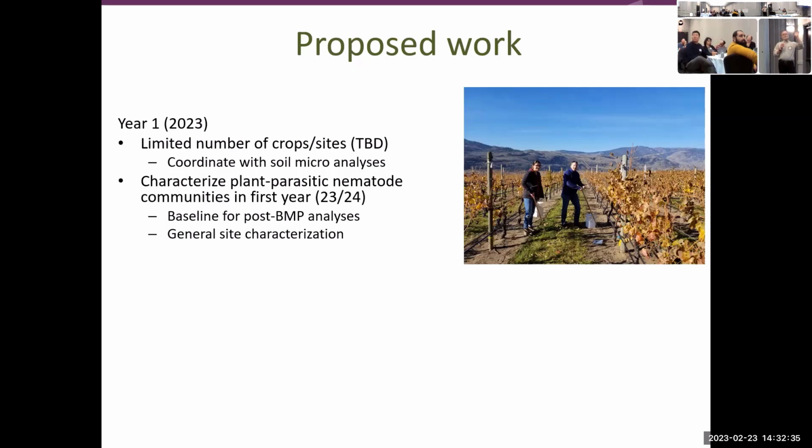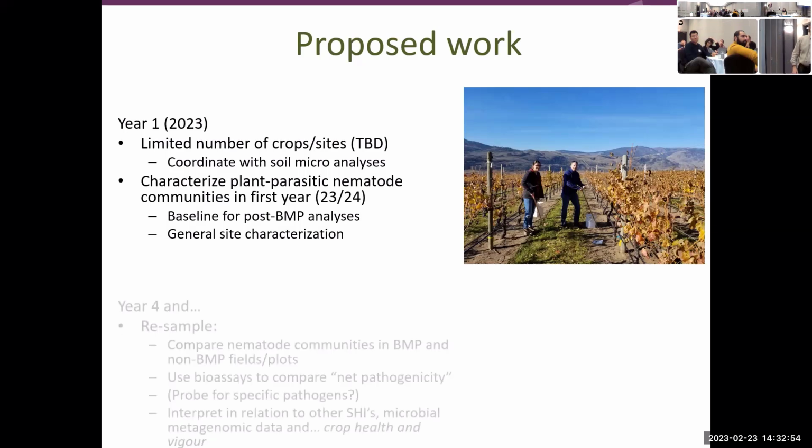We're going to characterize the plant parasitic nematode communities in that first year. Important for baseline, to compare for post-BMP analyses, and also just for general site characterizations. So for everybody, learning how these sites proceed through the years.